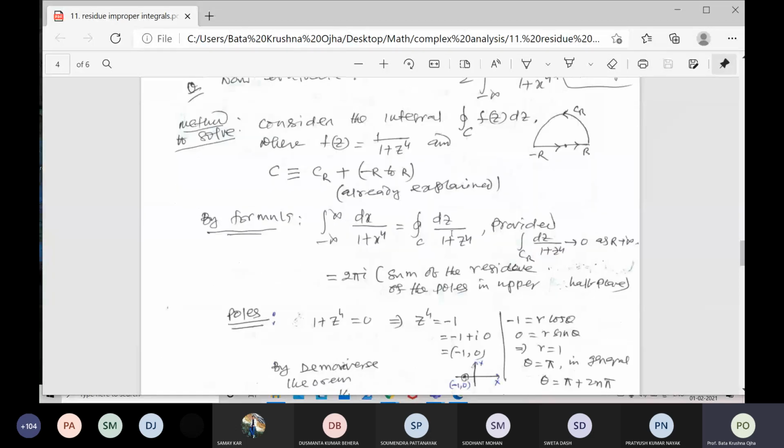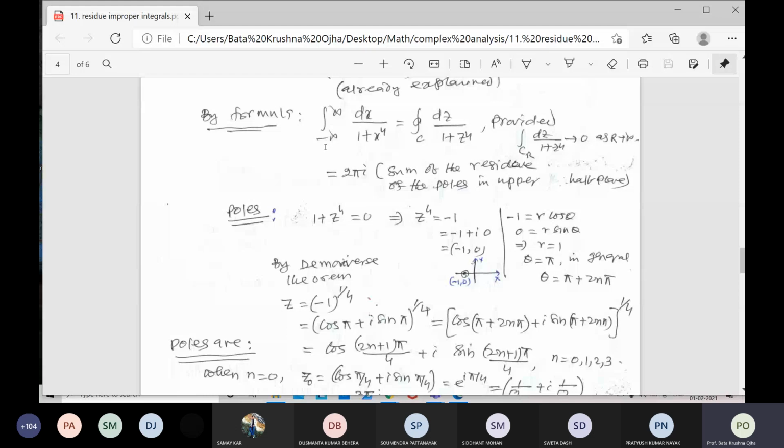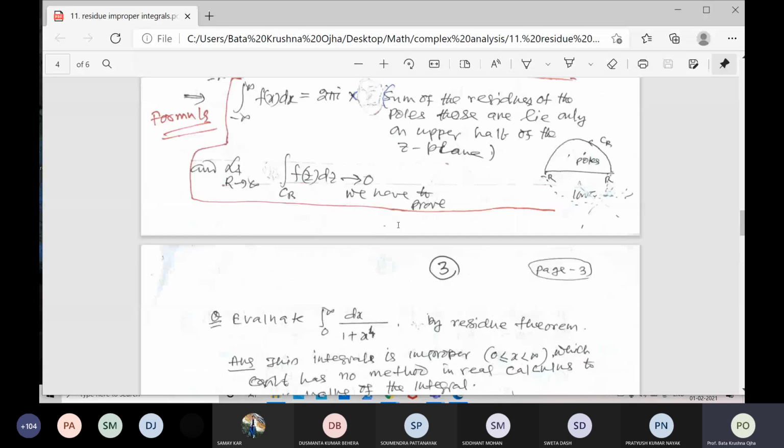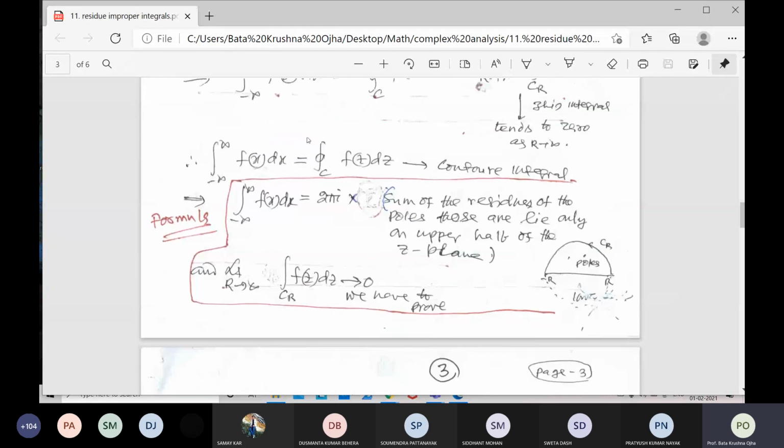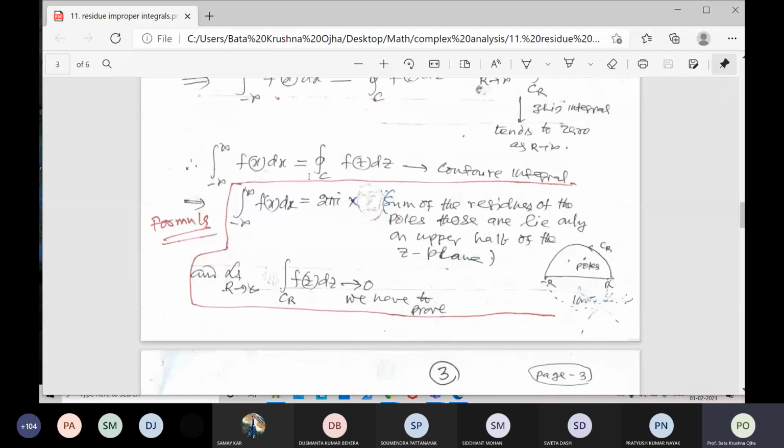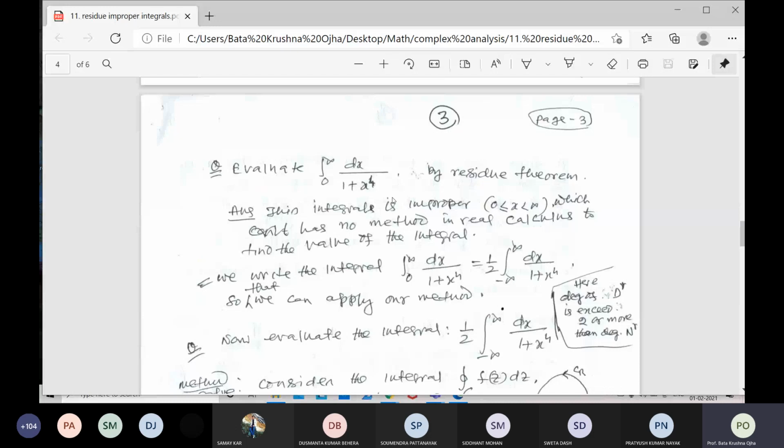Already I have explained. So by the formula, minus infinity to infinity dx by 1 plus x to the 4 is equal to, that's the last line you see, the integral from minus infinity to infinity of f(x) dx equals the contour integral over C of f(z) dz. I have omitted some steps here.